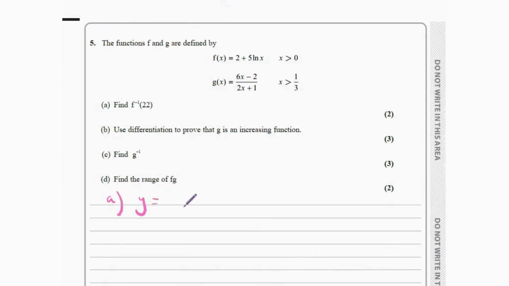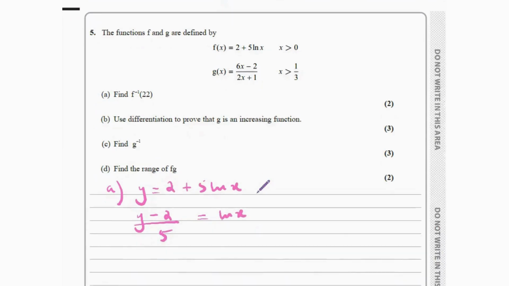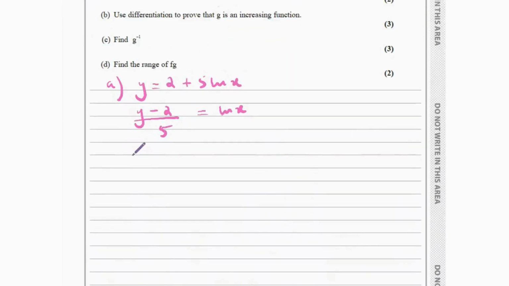So y equals 2 plus 5 ln x. Let's make x the subject. So (y minus 2) over 5 equals ln x. To replace the ln, we raise e to the power on the other side.